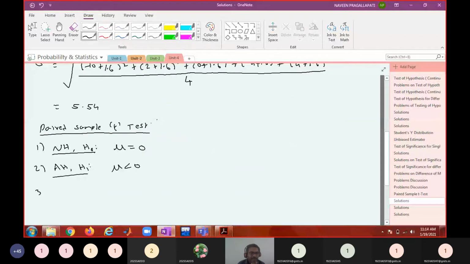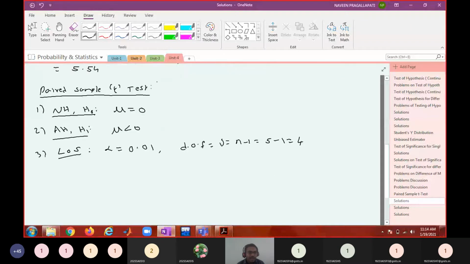What is the level of significance given? 0.01, and degrees of freedom nu equal to n minus 1 equal to 5 minus 1 equal to 4, and critical value. So you have to apply a left one tail test.